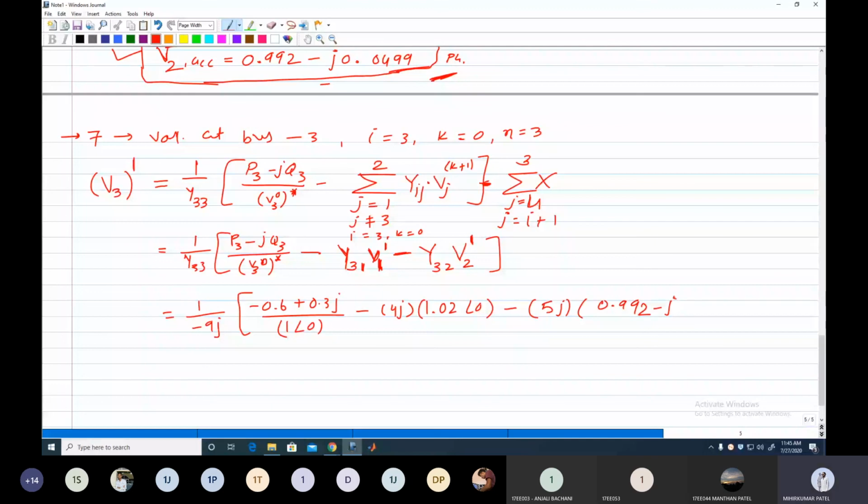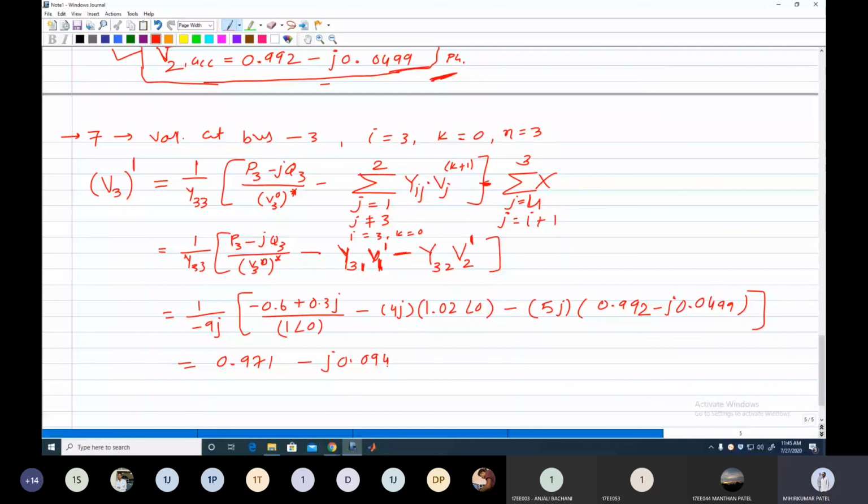Clear? So now calculation of these is 0.971 minus j 0.0944.